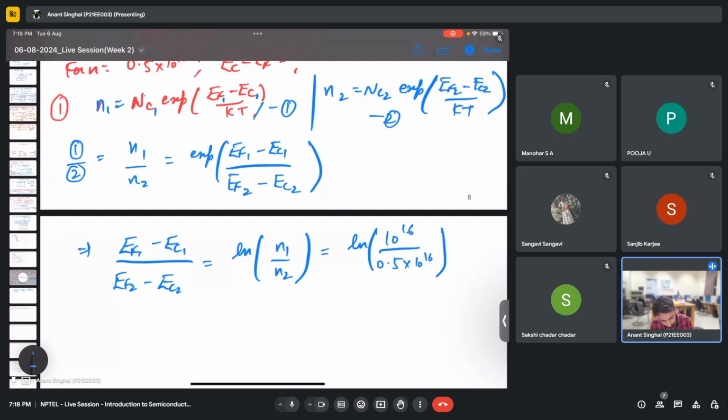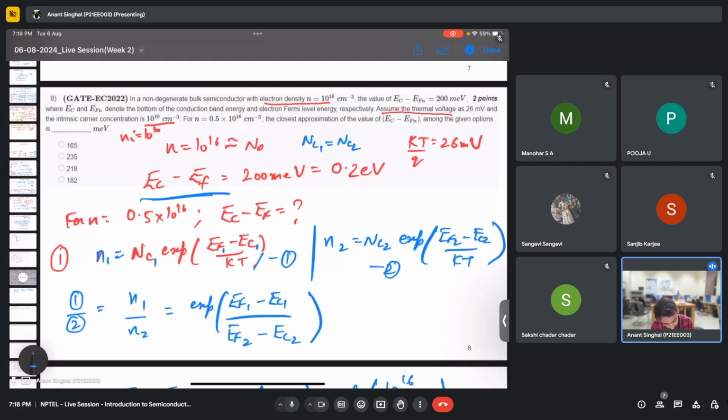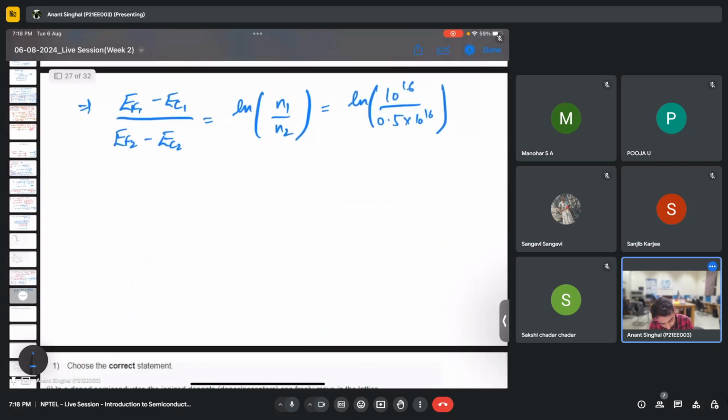And for N1 we know that the difference EC minus EF is 200 millivolts. So it will be minus 0.2 divided by, or I can write it as plus, and I can just change the denominator to EC minus EF2. This will be ln 2.